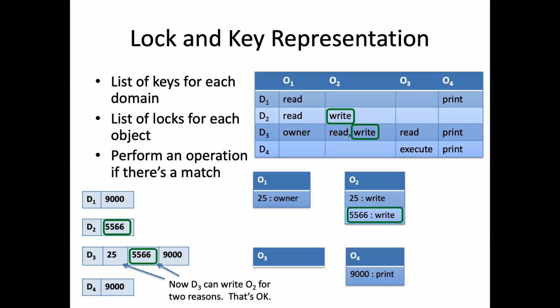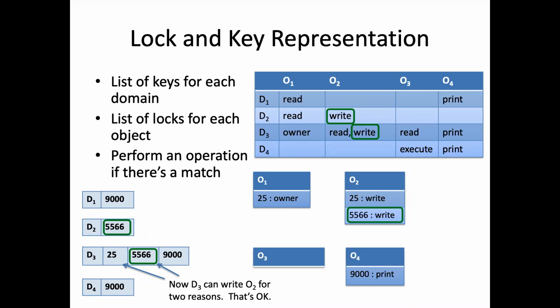That's okay. One reason you might want to do that is later when we talk about revoking rights, if you have multiple keys that let you exercise a particular right, the OS or users ought to be able to revoke some of those keys. But if you still have keys that let you access a particular object, even if some of those keys have been revoked, you should still be able to exercise rights based on older keys.